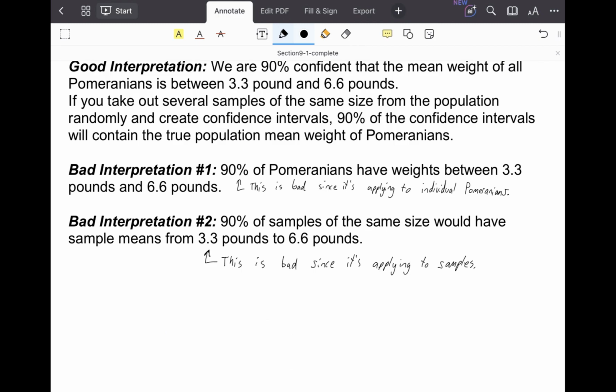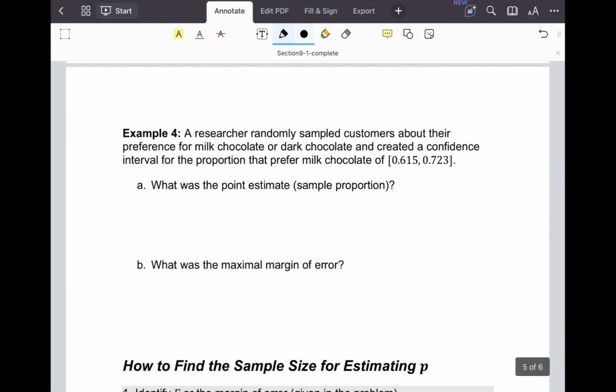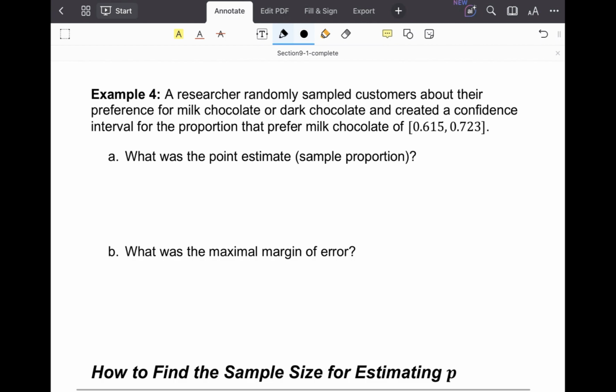It's applying to samples, which is bad. You don't want to do that. Okay, we'll do one last example, and then we'll do the last page in our next video.